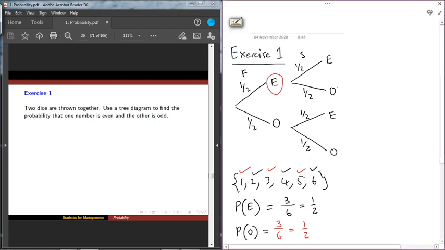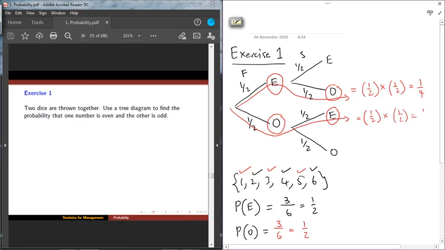If this is even, you go for odd. If another is odd, you go for even. So the branch goes like this, and another branch goes like this. As I told you, when you go along a branch you multiply, when you jump from one branch to another branch you add.